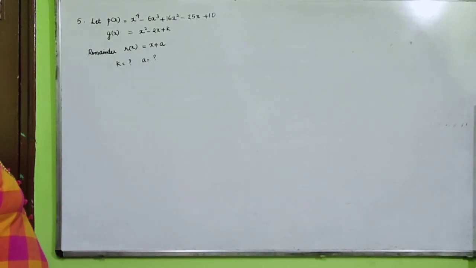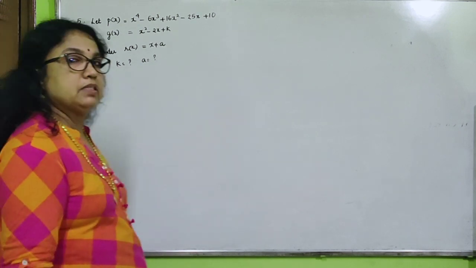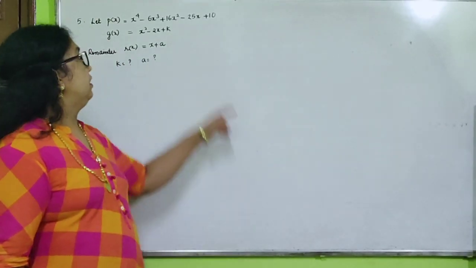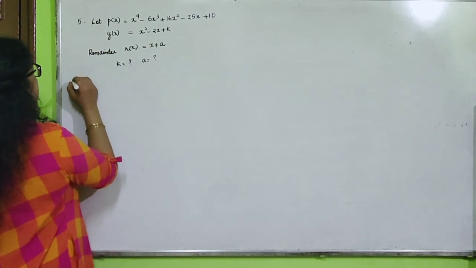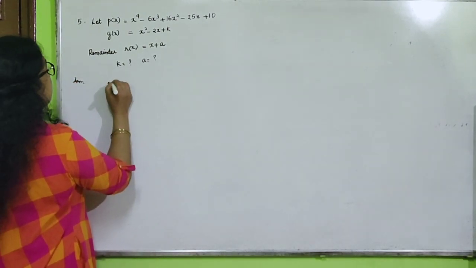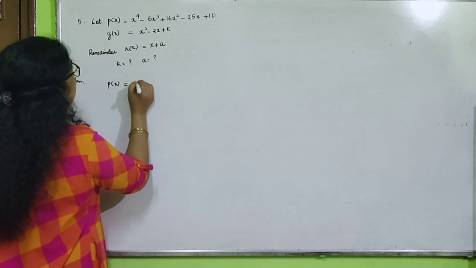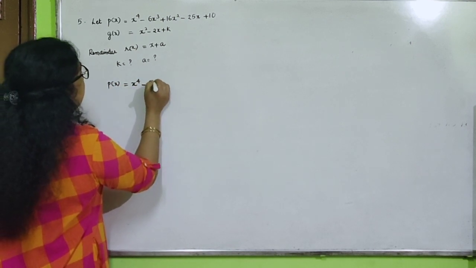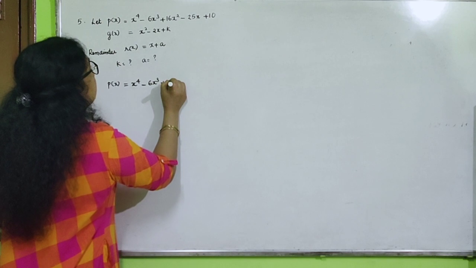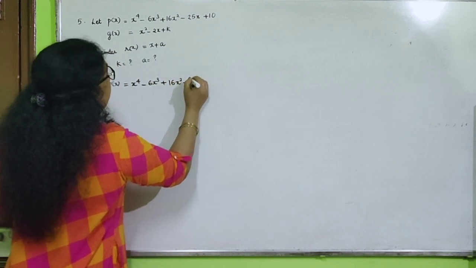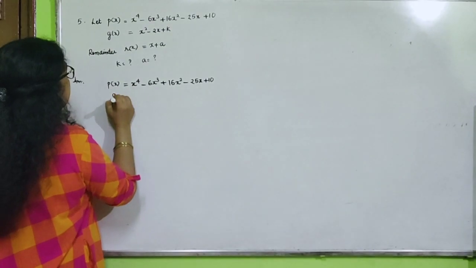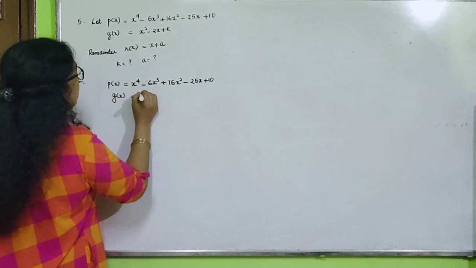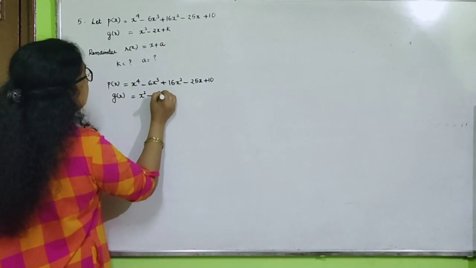Remainder given means we have to divide p of x by g of x. So p of x equals x raised to 4 minus 6x cube plus 16x square minus 25x plus 10. g of x equals x square minus 2x plus k.